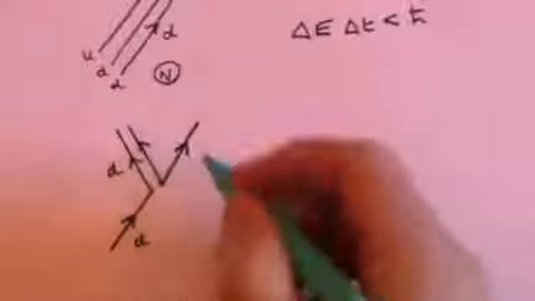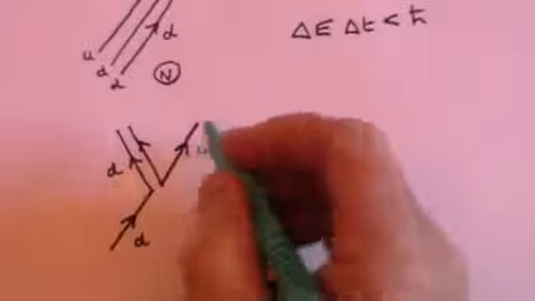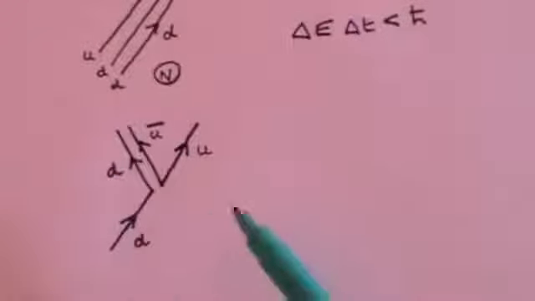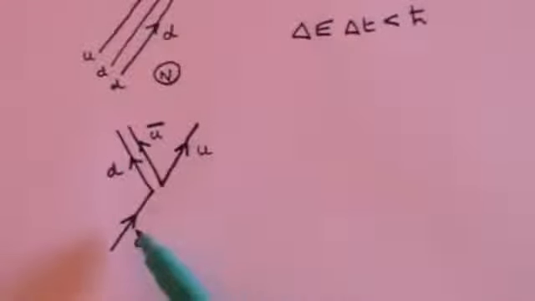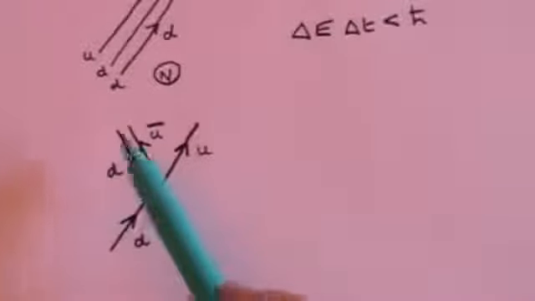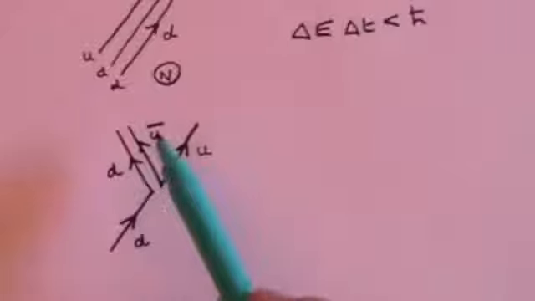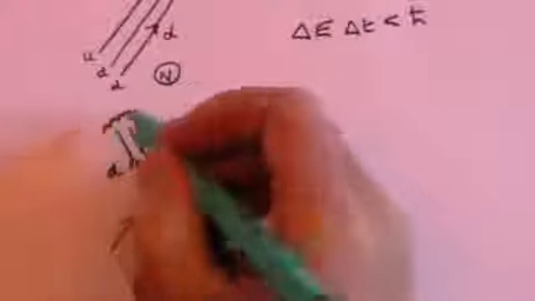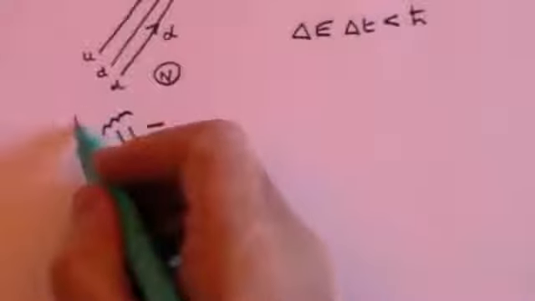So out of the vacuum you get a particle, antiparticle creation, and what that appears to look like is that the down particle has changed into an up particle, via the emission of a down anti-up. And that down anti-up, of course, is essentially the W minus boson.